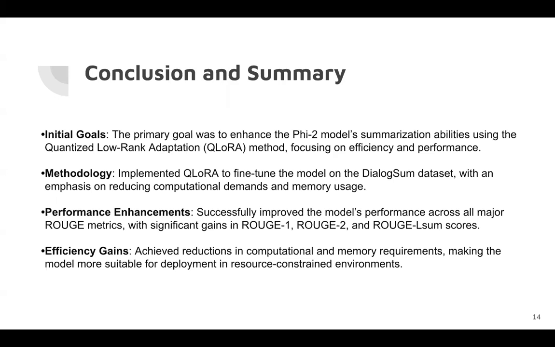The project provided an improvement in all the ROUGE metrics, with significant gains in ROUGE-1, 2, and Lsum scores. Our project also achieved a reduction in computational and memory requirements, making the model more suitable for deployment in resource-constrained environments.